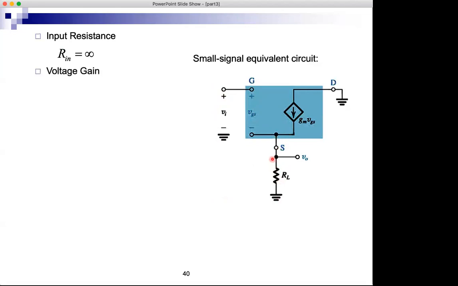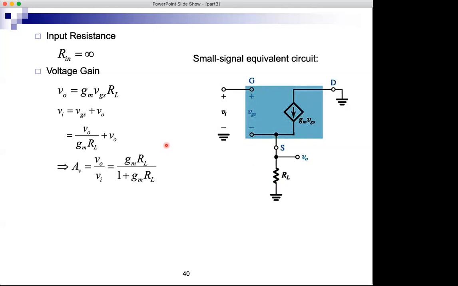So let's write some equations. The output voltage is equal to the current in RL times RL, and the current in RL is GM VGS. So V out is GM VGS RL. The input is VGS plus V out, and VGS is V out over GM RL.